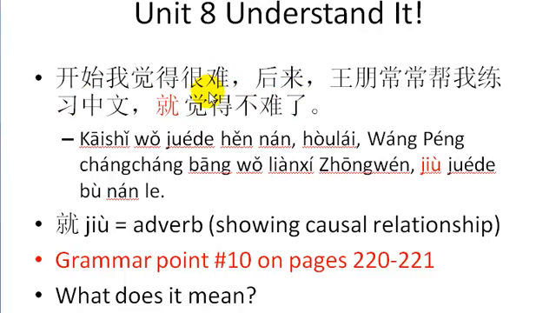So 开始我觉得很难，后来王鹏常常帮我练习中文，就觉得不难了。Okay, so pause and go look at the examples in grammar point 10, and then try and write down what you think the English meaning of the sentence is.